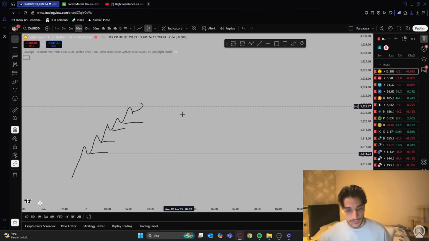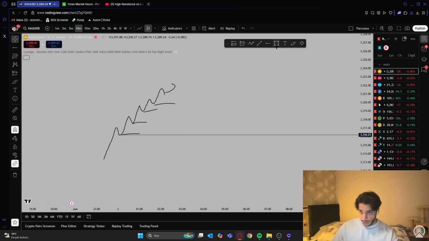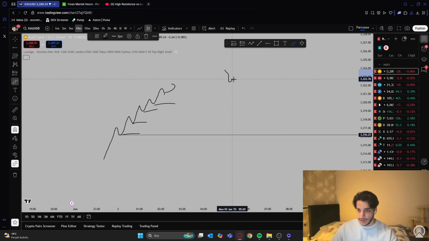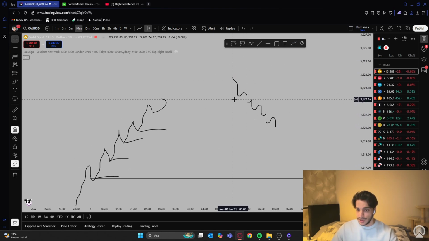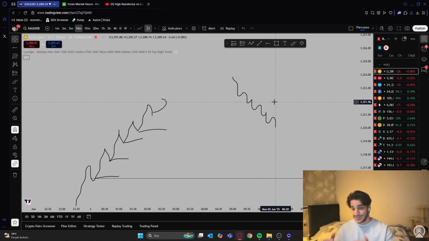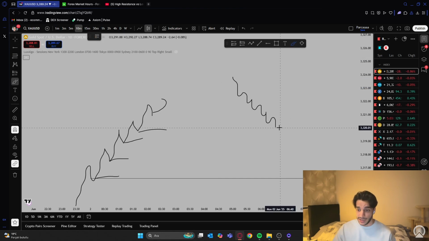Good. This also works in the bullish and bearish direction. We have a lot of lows stacked close to each other. So what can price do?